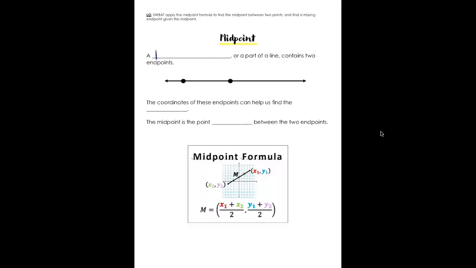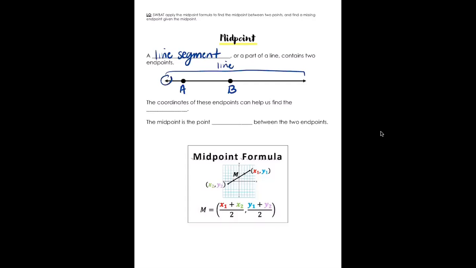A line segment, or a part of a line, contains 2 endpoints. Okay, so right here we have a line. I'm going to label these points A and B. This entire piece from here to here, that's a line.